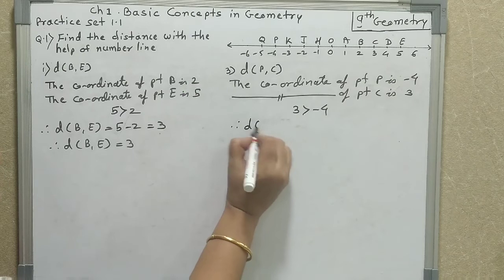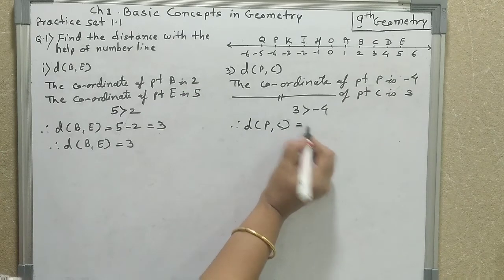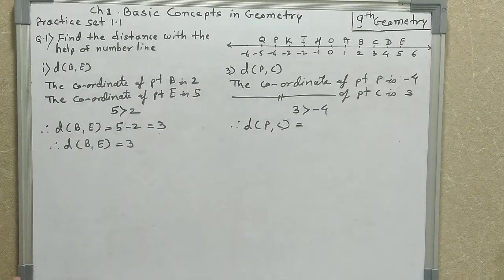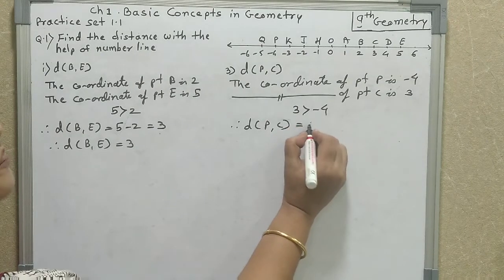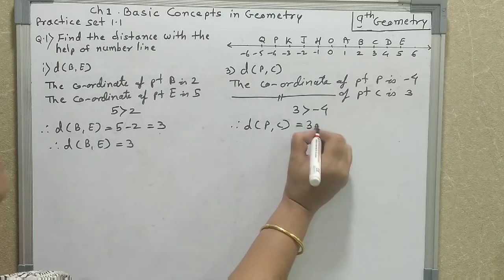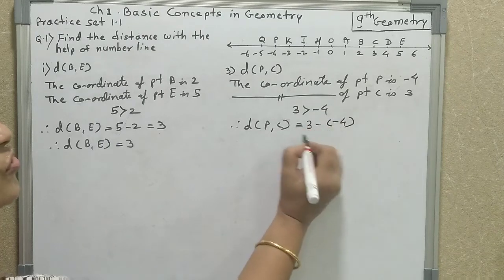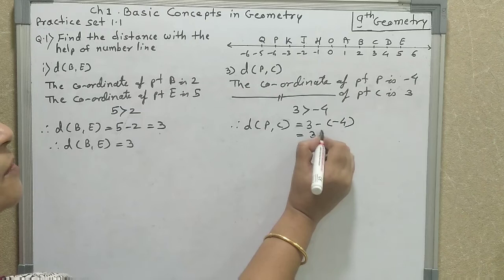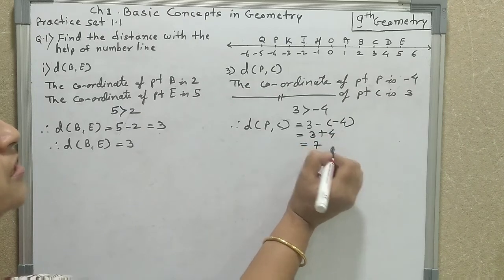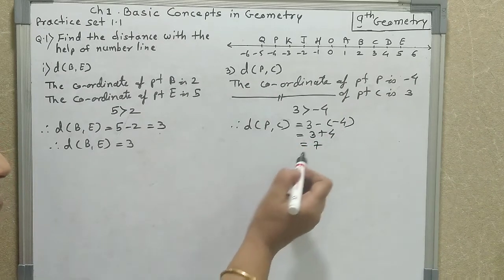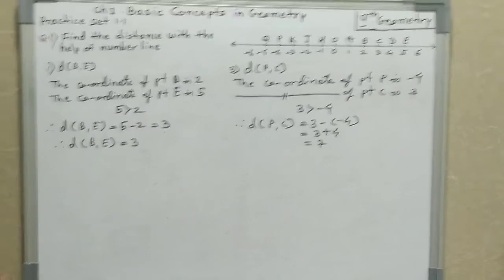Therefore, distance PC is equal to the greater number minus the smaller number, so we write 3 minus (-4). Minus minus becomes plus, so 3 plus 4 is equal to 7. So the distance between P and C is 7.